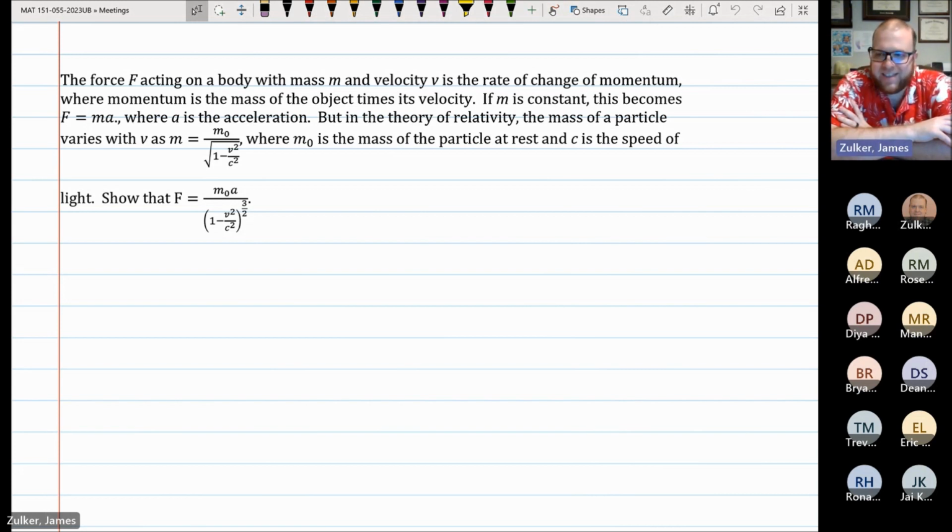If mass is constant, this reduces to Newton's second law, F equals ma, which everyone's familiar with.